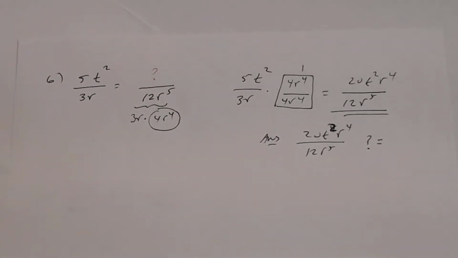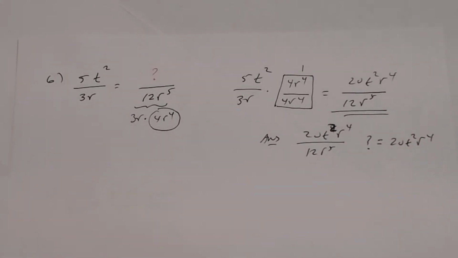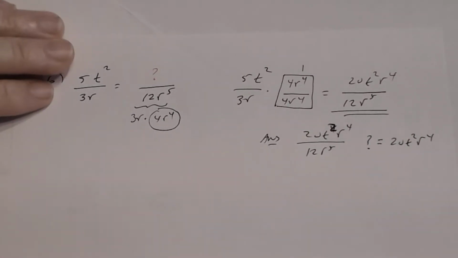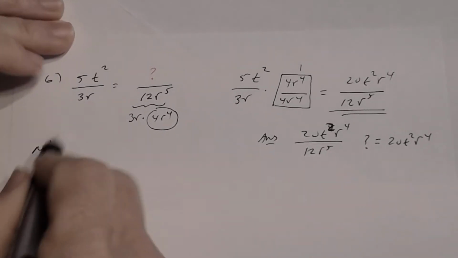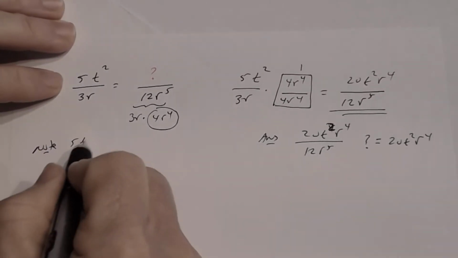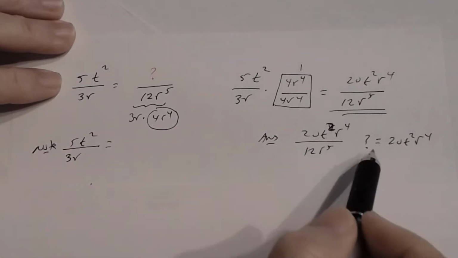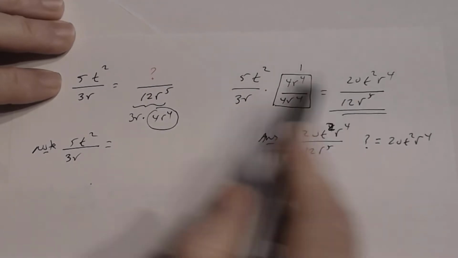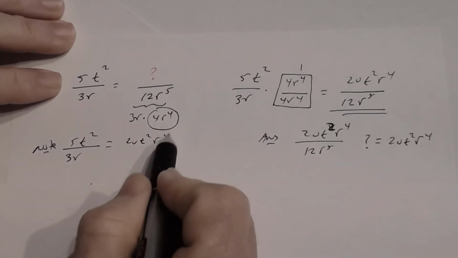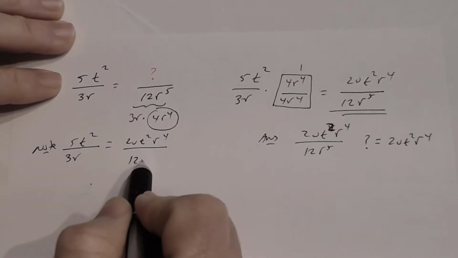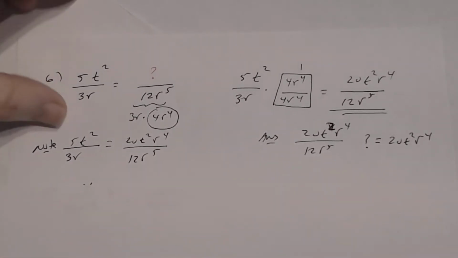And so the numerator would be 20t squared r to the 4th. All right. Now I want you to note something though before we go on to the next one. What I found is that 5t squared divided by 3r is equivalent to this right here, so to 20t squared r to the 4th divided by 12r to the 5th. Okay, that's what you just found.